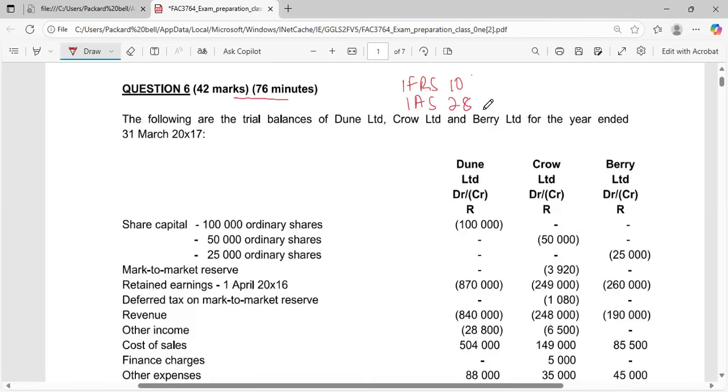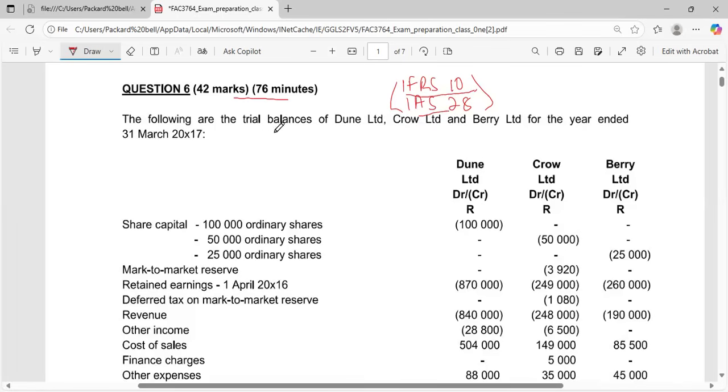I think these are the standards that we use most in our group accounts. So it's very important when you are reading your questions to see, does the question require me to apply International Financial Reporting Standard 10, or International Accounting Standard 28, so that you know how to consolidate your group accounts.